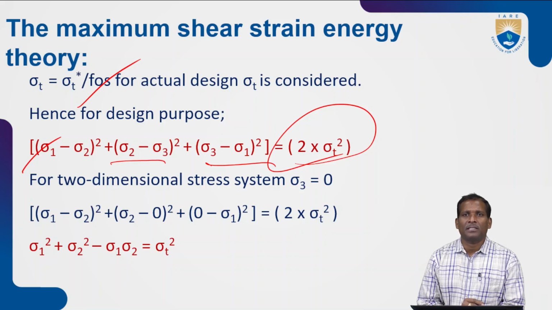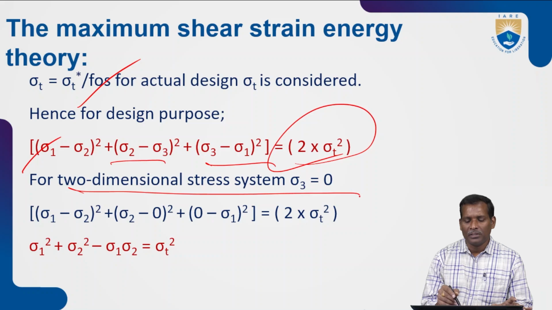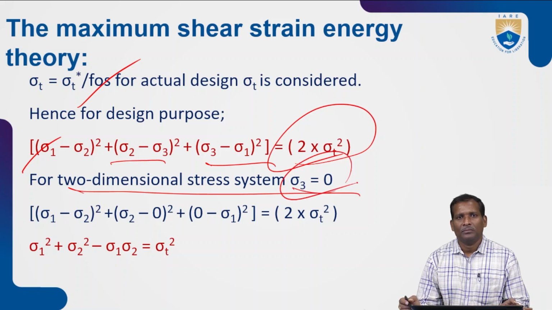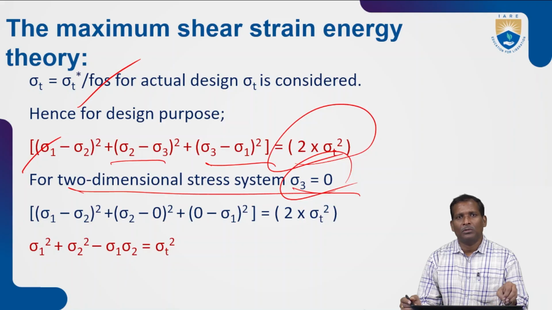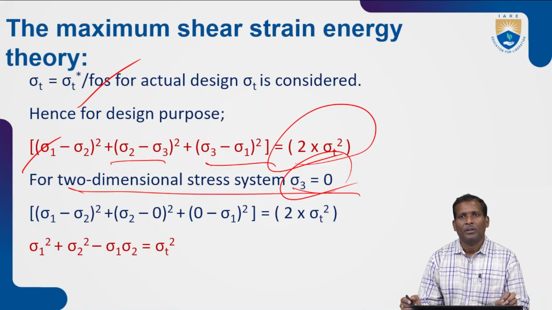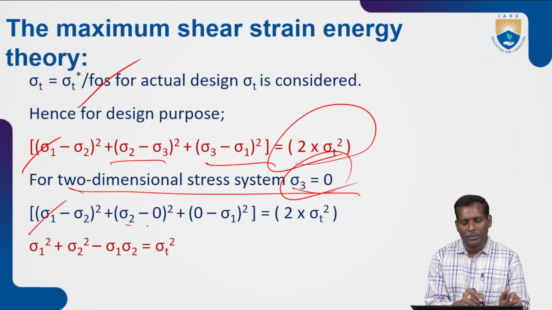For a two-dimensional stress system, sigma 3 is equal to 0. I already told you, sigma 1 and sigma 2 are available and sigma 3 is 0 for a two-dimensional stress system. Substitute sigma 3 equal to 0 in the above equation, and the remaining terms become 0.